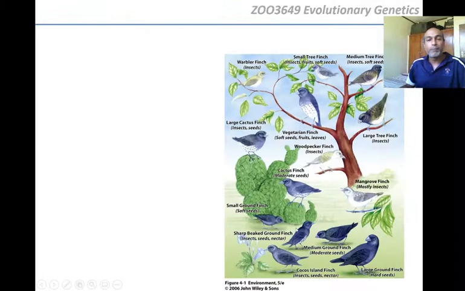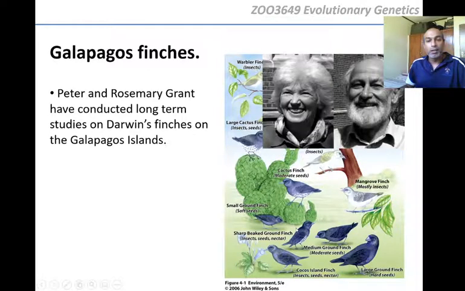Okay? So you had these two, the Grants, Peter and Rosemary Grant, a married couple that went and studied Darwin's finches on the Galapagos Islands because they wanted to measure fitness. They wanted to finish Darwin's work. Because remember, Darwin went to those very islands.